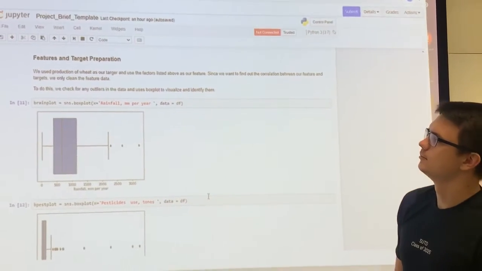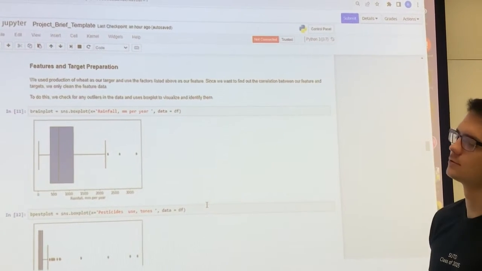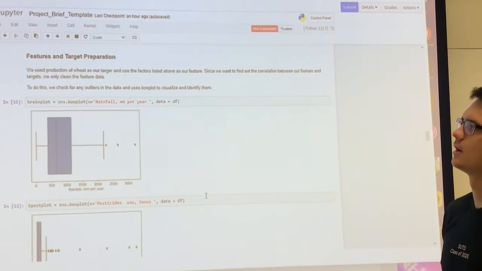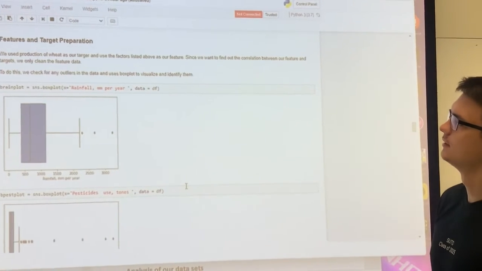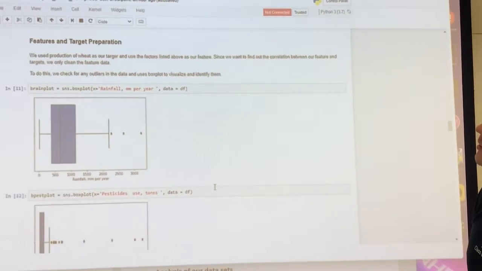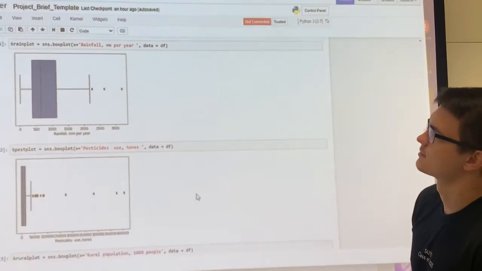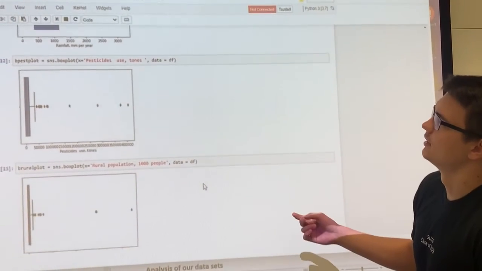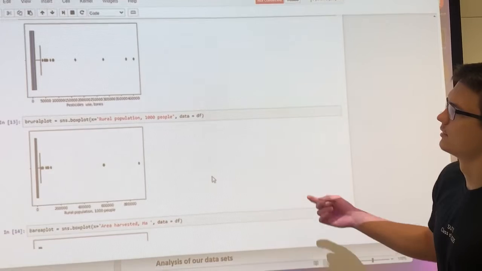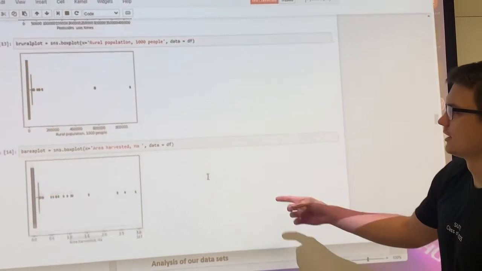Alright, so before we can construct our model, we need to have some iterations and prepare our features and target. That's why we use box plots to see the outliers. As you can see, there are some outliers for the rain, for the pesticide use, for the rural population, and area harvested.